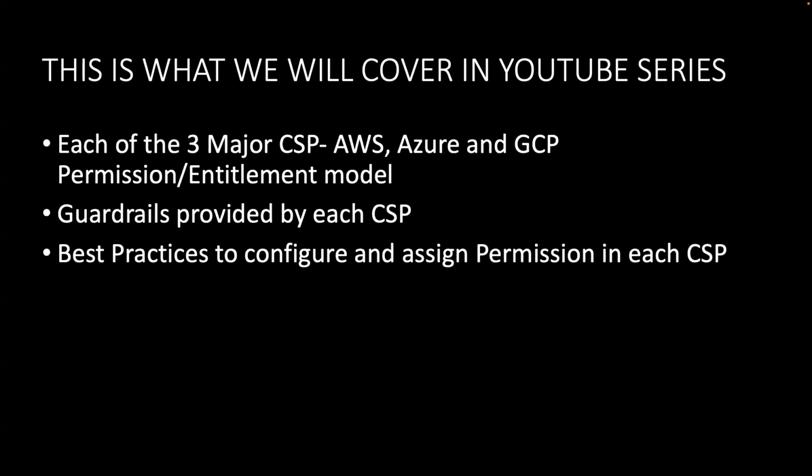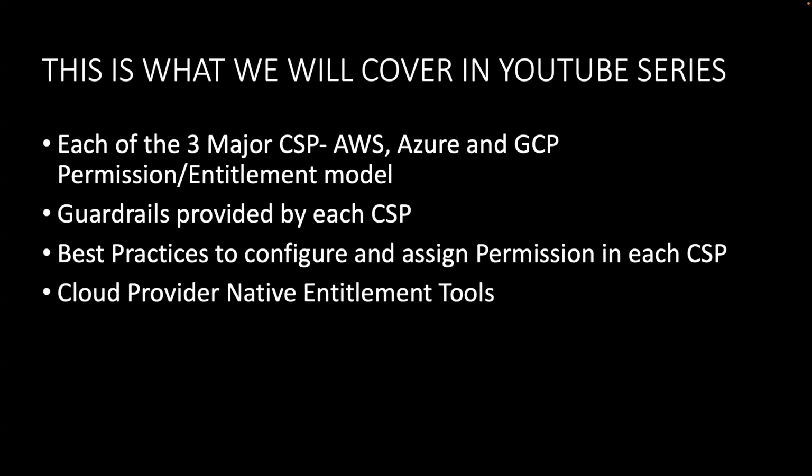Then we will focus on some of the best practices to configure and assign the permissions in each and every CSP. Then we will look into some of the cloud native entitlement tools. What are the different tools you can use to understand what permissions are being assigned to each and every entity, and what permissions are being used.